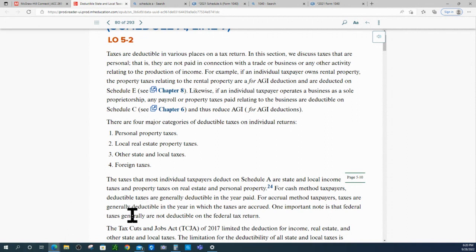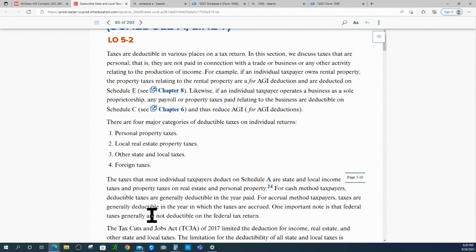Now it's kind of complicated to calculate how much you spent in sales taxes unless you like saving up all of your receipts for the year and then totaling them all up at the end of the year. Most people don't like to do that. So the IRS has a calculator.